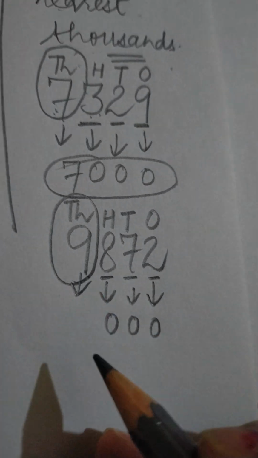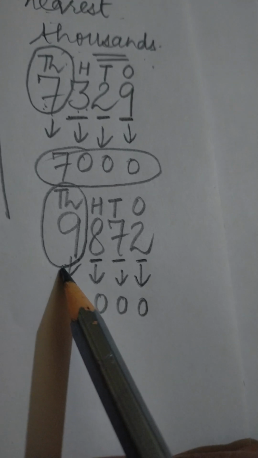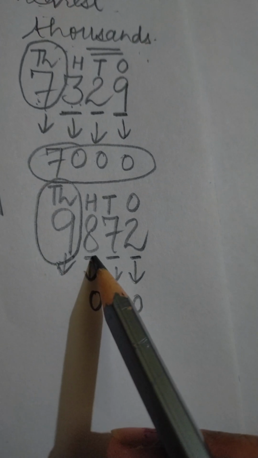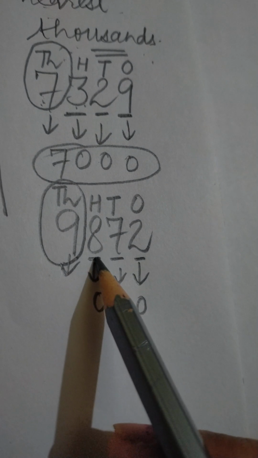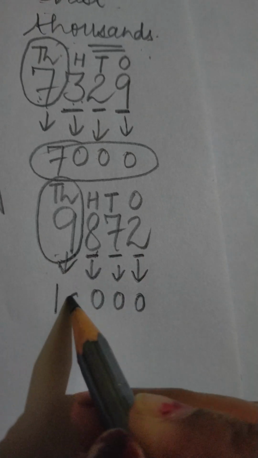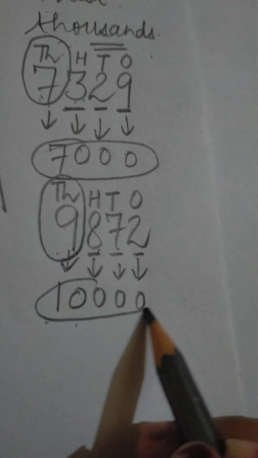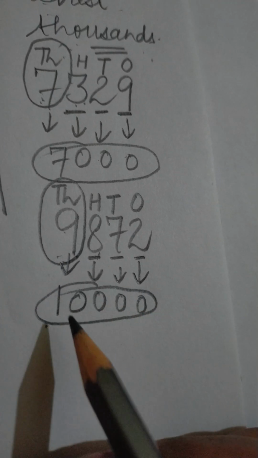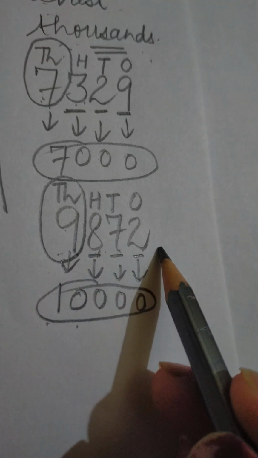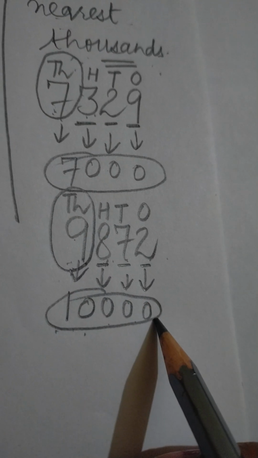Since it is nearest thousand, the thousands place digit will be written according to its neighbor digit. The neighbor digit is 8, which is more than 5, so the thousands place digit will become next. Here 9's next is 10. So 9872 rounded off to the nearest thousand is 10,000.